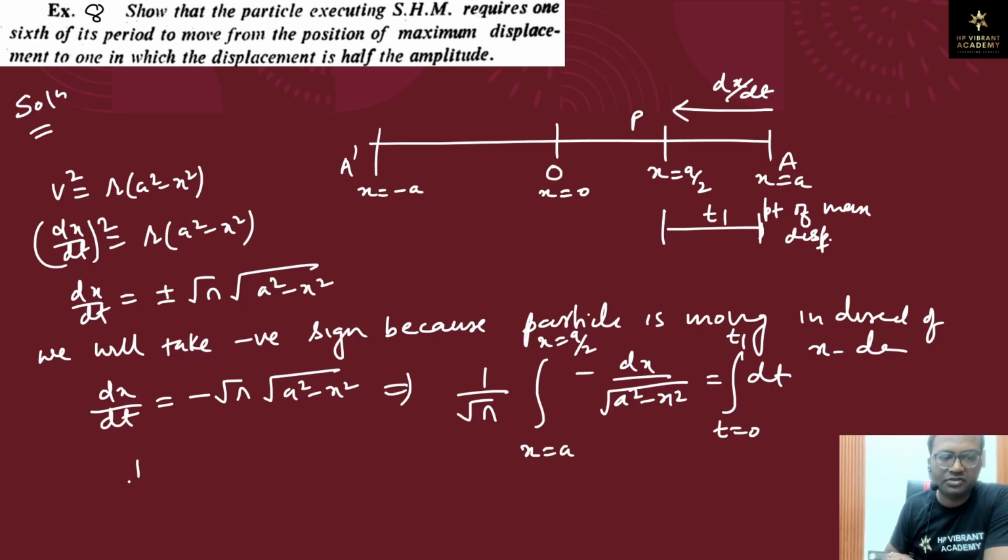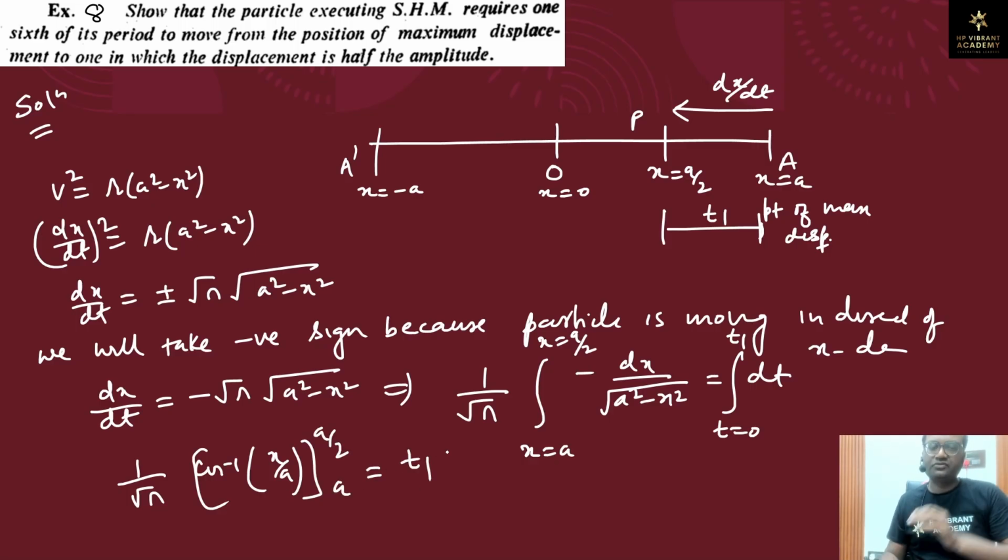So this is 1 upon root under mu cos inverse x upon a, from a by 2 to a, equal to t1. Okay, so we have minus dx upon root of a square minus x square, which is cos inverse x by a. So we have this as 1 upon root under mu cos inverse x by a, between a by 2 and a.